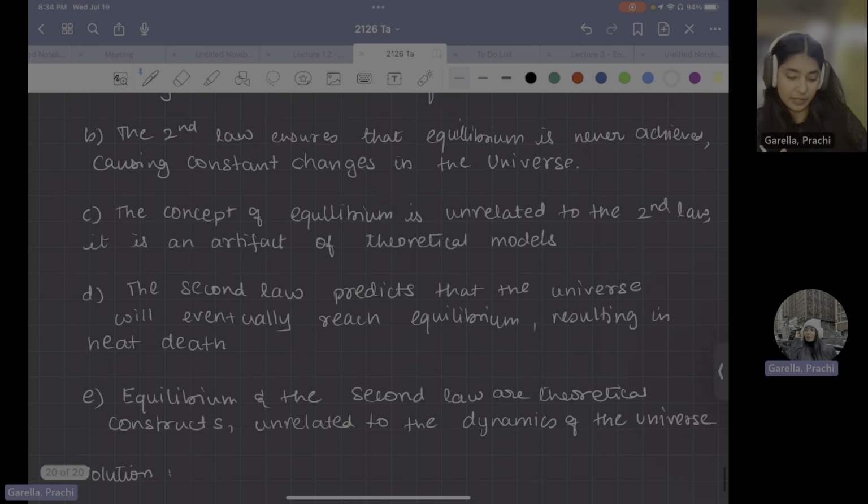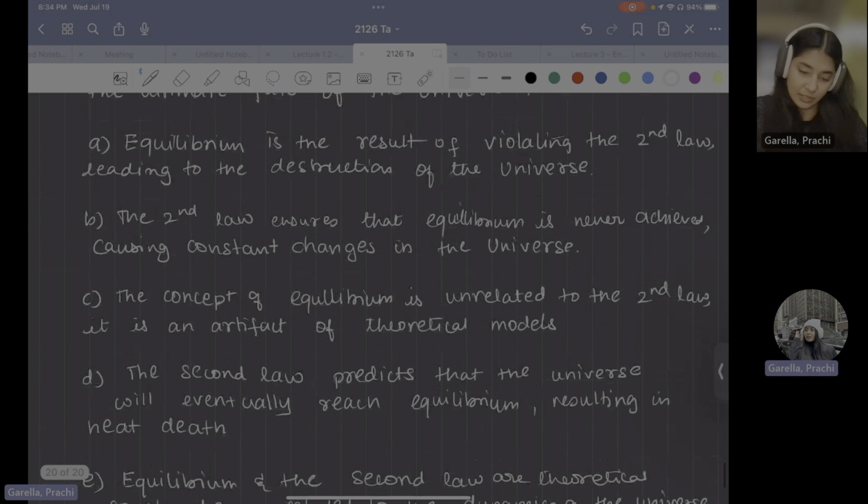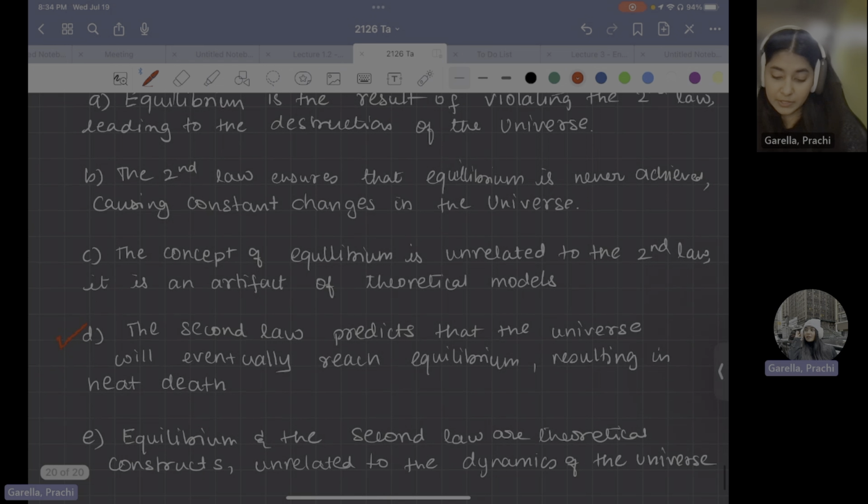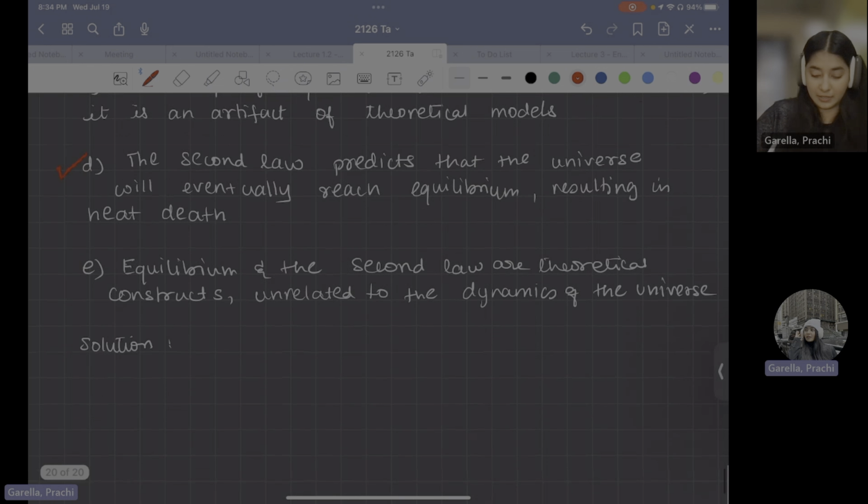Okay, so the correct answer to this question is part D. The second law predicts that the universe will eventually reach equilibrium, resulting in heat death. Okay, so let me just write down a few words to explain this.